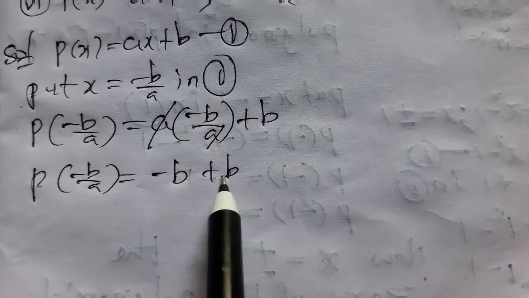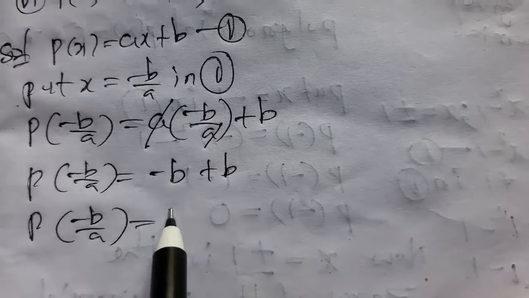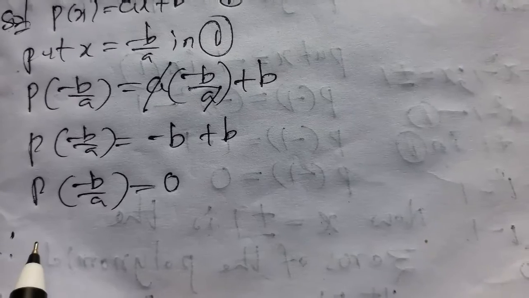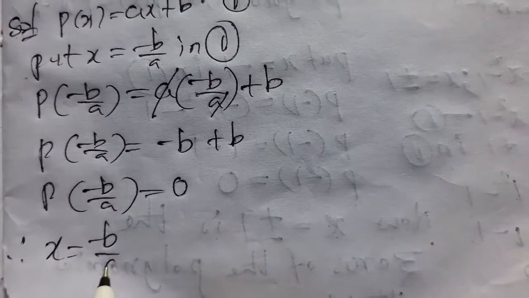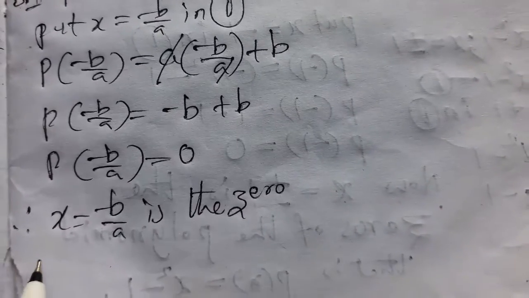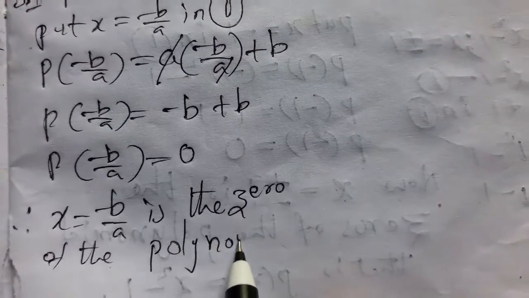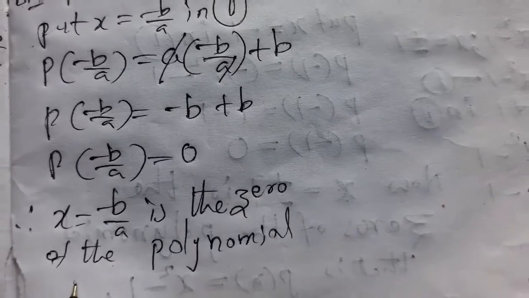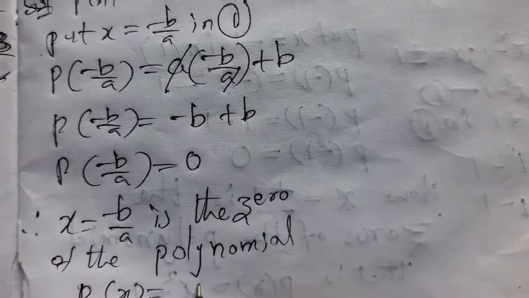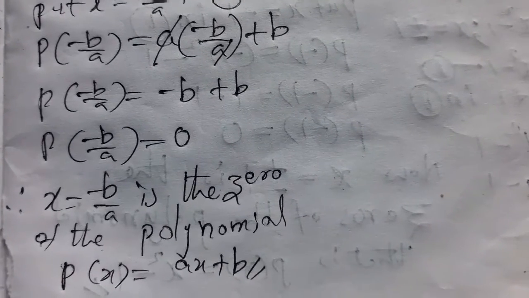That means minus b plus b, which becomes 0. Therefore, x equals minus b by a is the zero of the polynomial. The polynomial is P of x equals ax plus b. Now move to the next question.